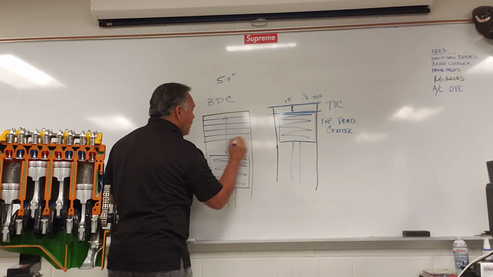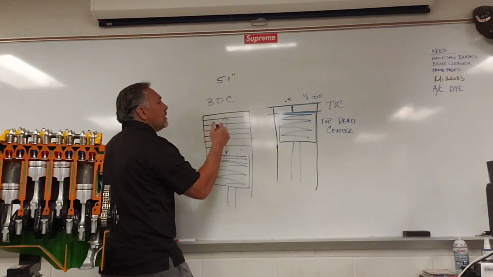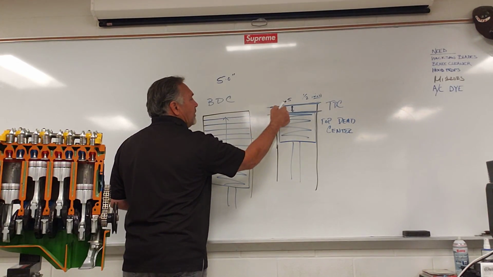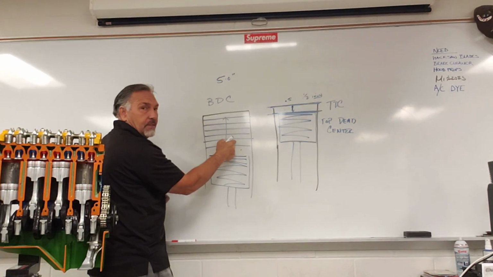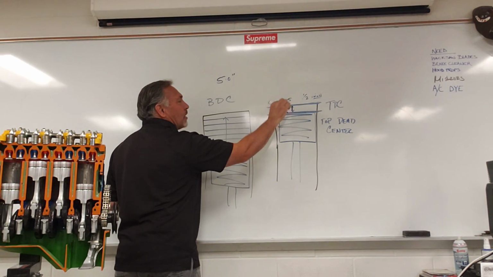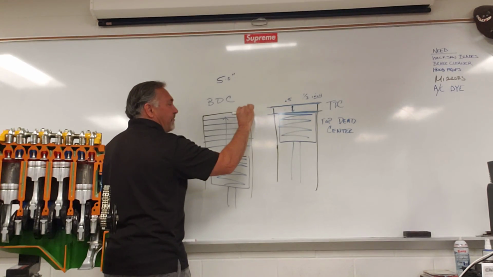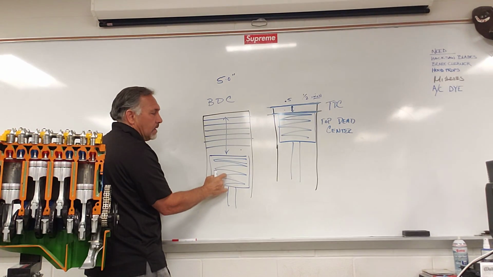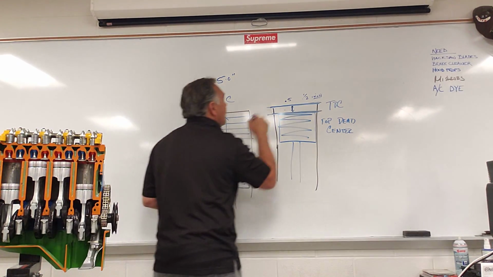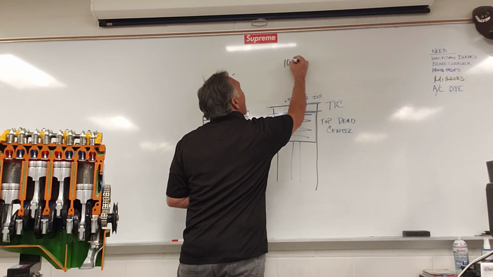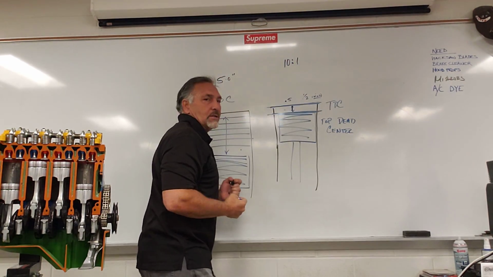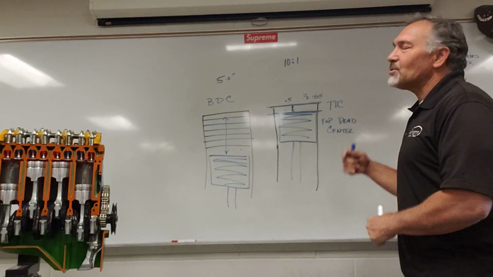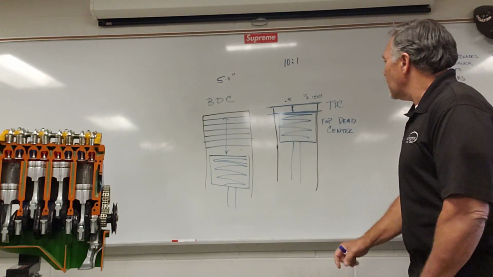If you did the math, you would learn that you can get 10 of these spaces in this space. 10 top dead center areas can fit into the bottom dead center area. So if you have 10 of them, your compression ratio is 10 to 1. So that's what compression ratio means.